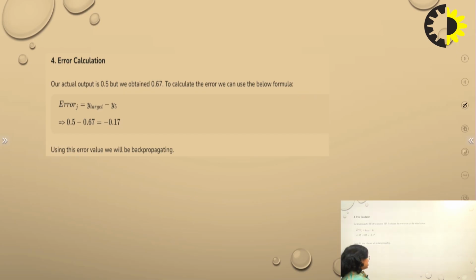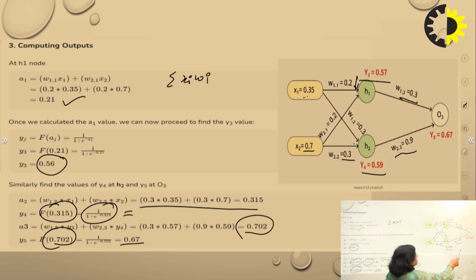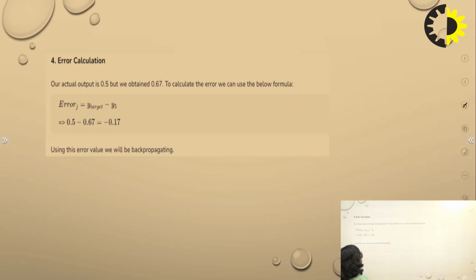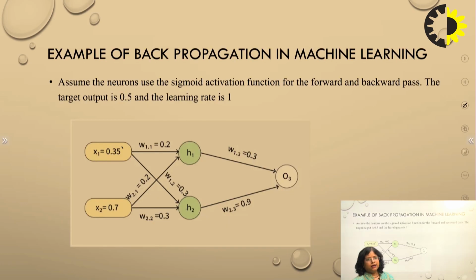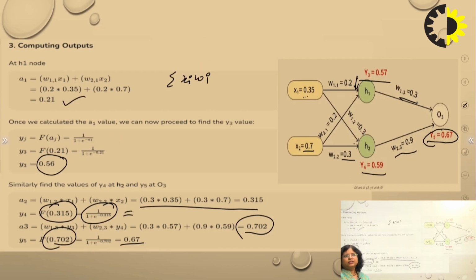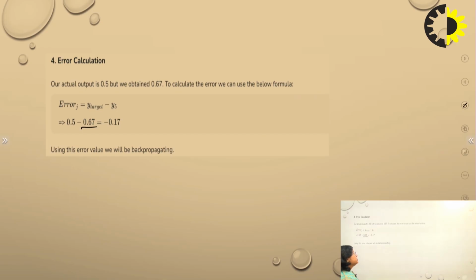Now we reached this point. The output we received is 0.67, and initially the target output is 0.5.